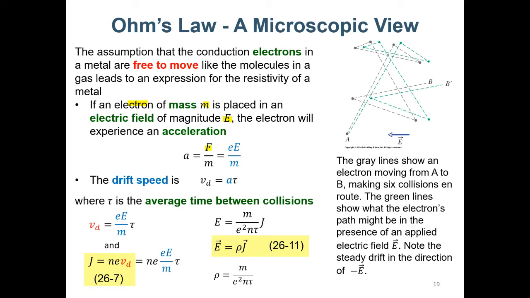So you will use Newton's second law of motion, so that we have F equals ma, a equals F over m, and F equals qE, where q is the electron charge e. And then we only consider the magnitude so that we ignore the negative sign.